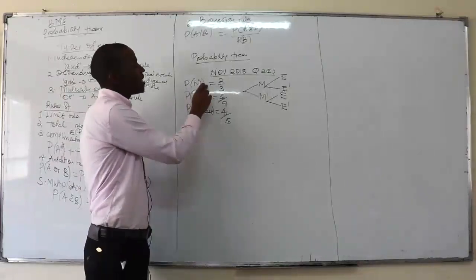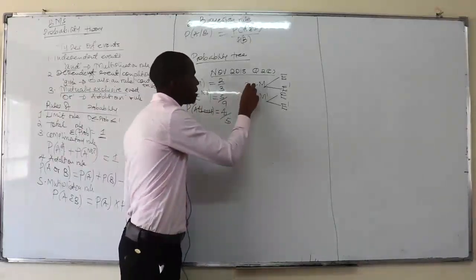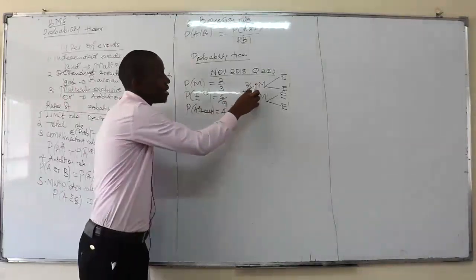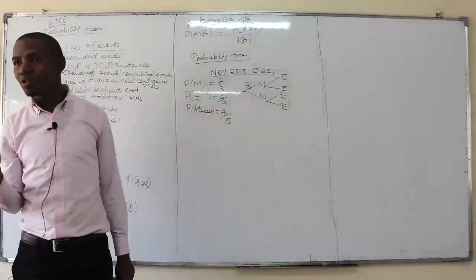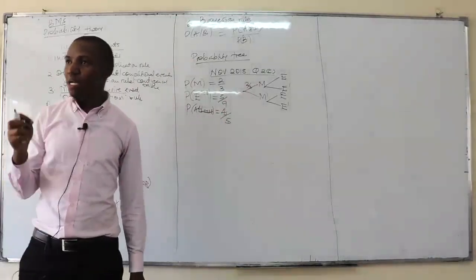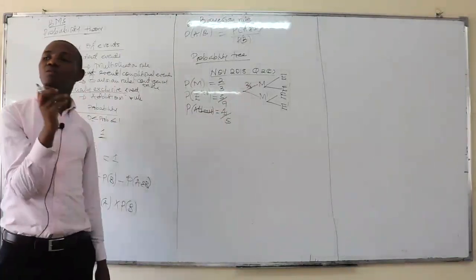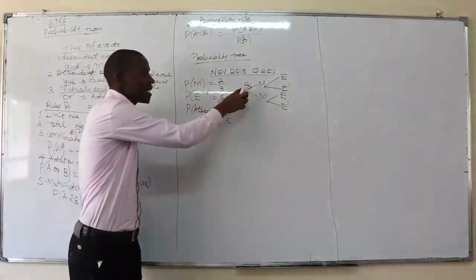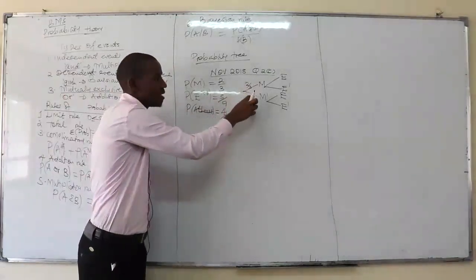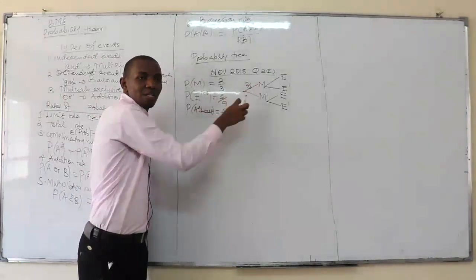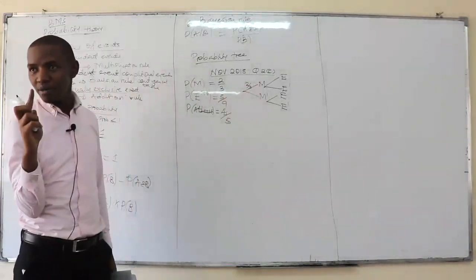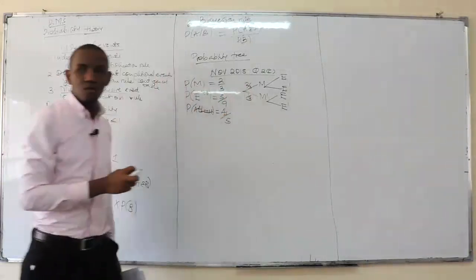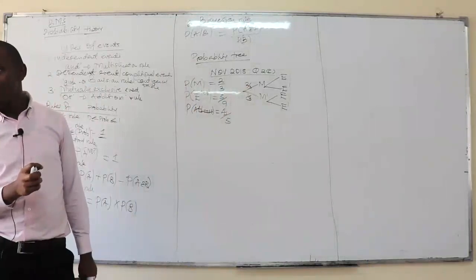The probability that he passes mathematics is 2 over 3, right? So if he fails, it will be how much? Remember the total rule, or generally you can also use the complementary rule. If he passes, plus he fails, the total should give you 1. So if he fails here, it will be 1 over 3. Are we together?